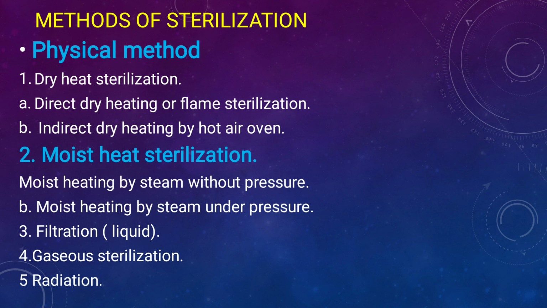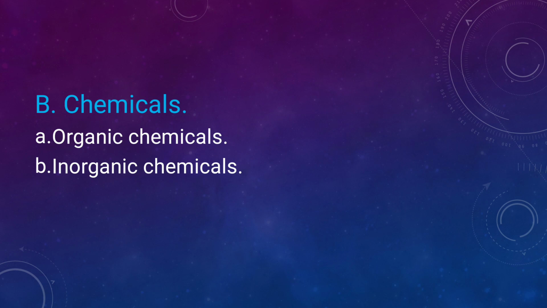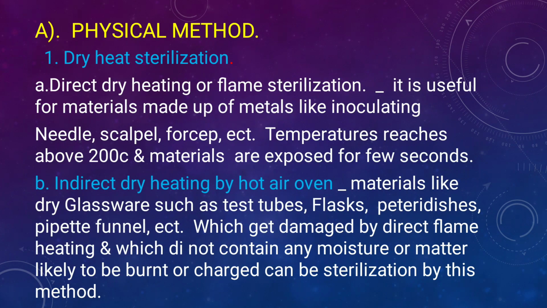In case of direct dry heating, the instruments which are made of metals, like inoculating needle, scalpel, and forceps, should be sterilized on the flame with the help of direct heat before use.